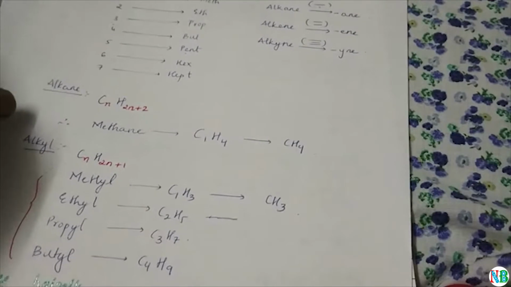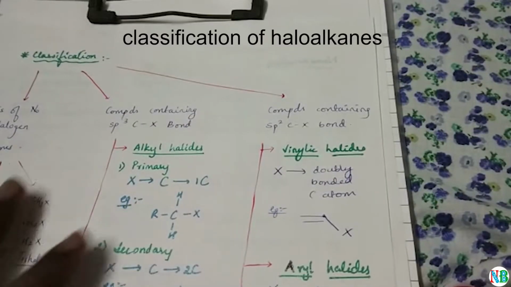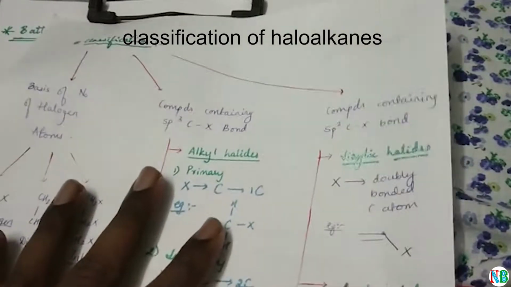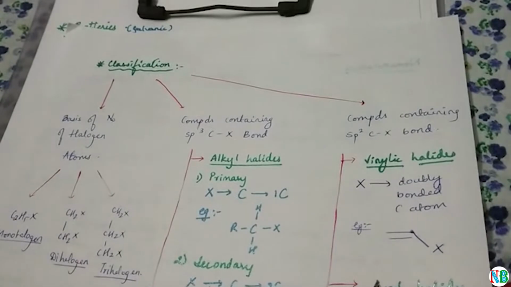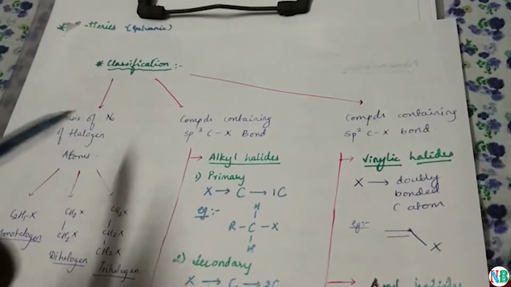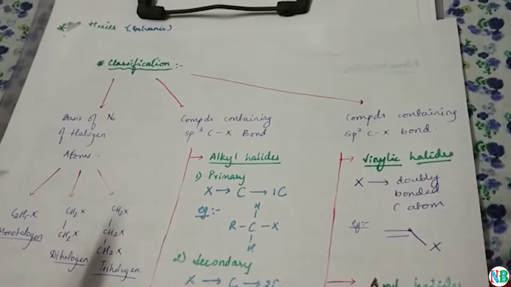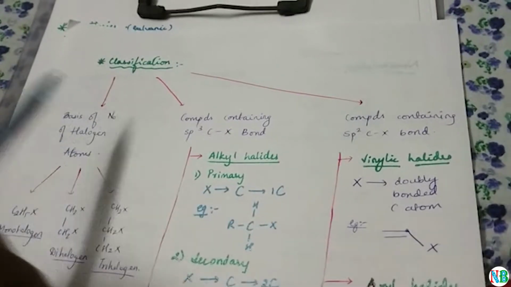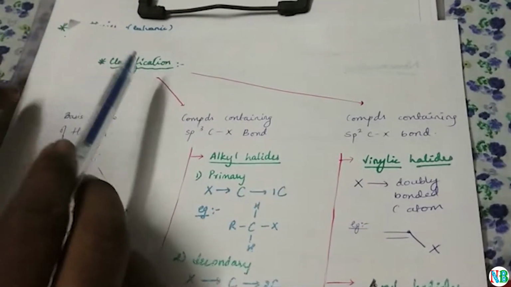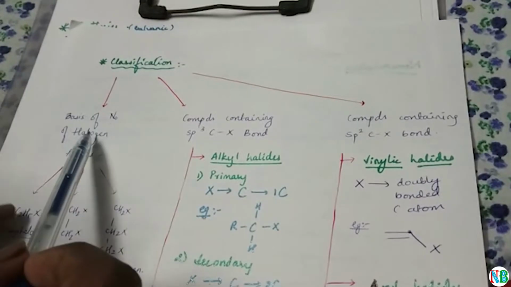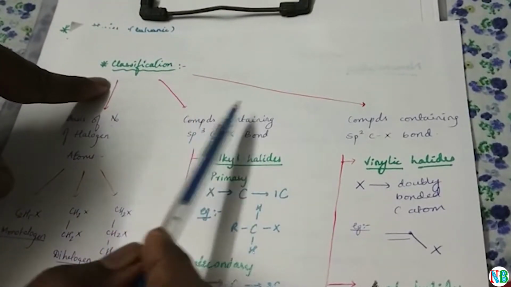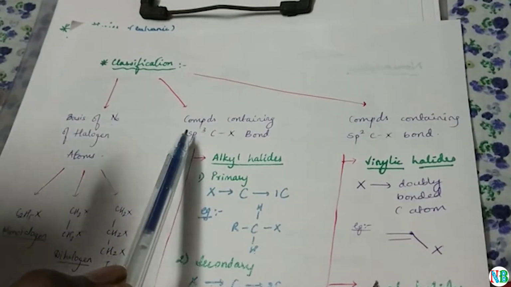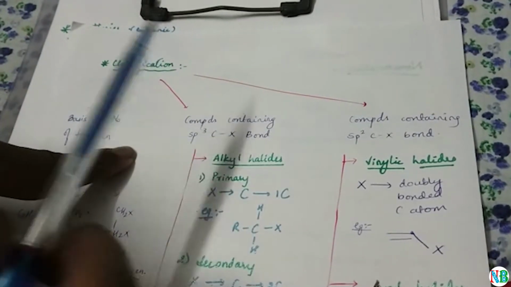Now moving further into haloalkanes, let's see how our haloalkanes are classified. So classification is done into three different types. The first type is on the basis of the number of halogens. So the first classification will see how many halogens I have in my molecule. The second one will see the compounds containing sp3-CX bond. What is an sp3 bond?